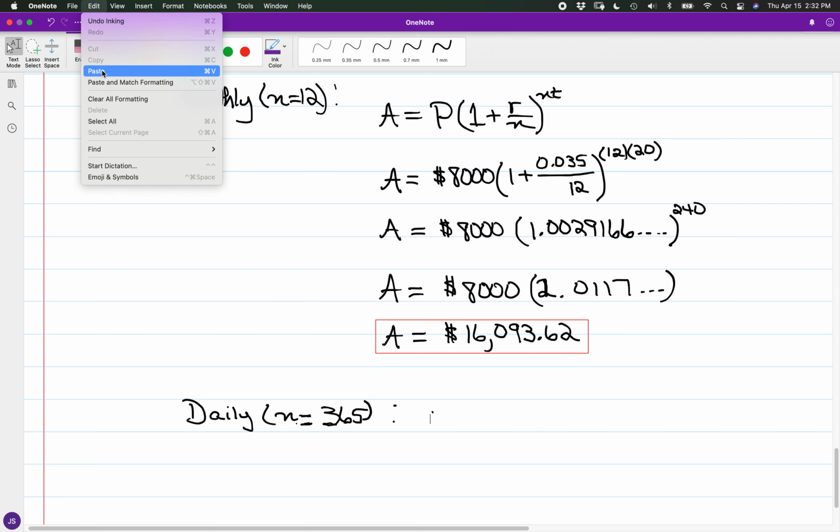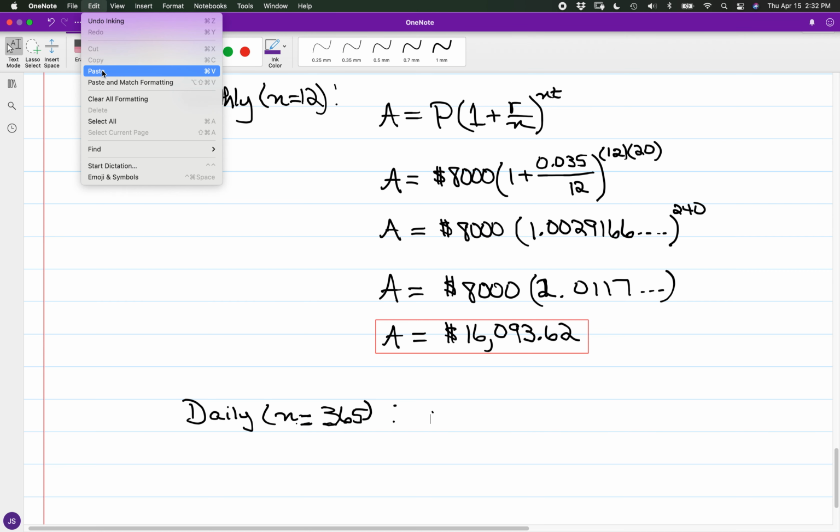And once you're dividing by 365, it kind of comes down to adding less than lint to 1. And for the power, we have 365 times 20. So you have virtually nothing added to 1, but it is the slightest trace.